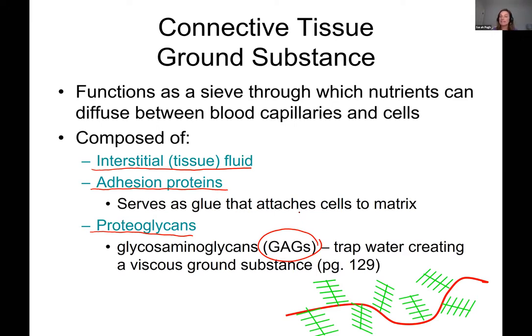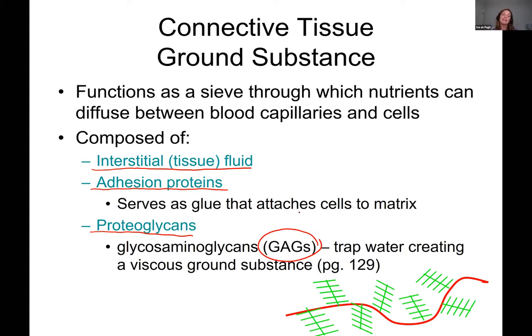So proteoglycan would be the red line. Glycosaminoglycans are little green structures that look like sponges or bottle brushes. The more of those little green glycosaminoglycans that you find on this structure, the more water you can trap. So the more viscous or liquidy the ground substance will be.